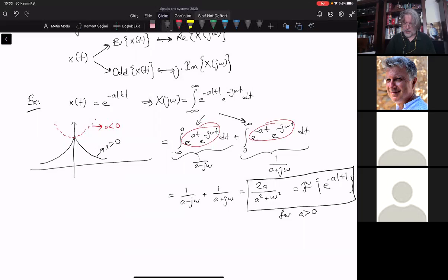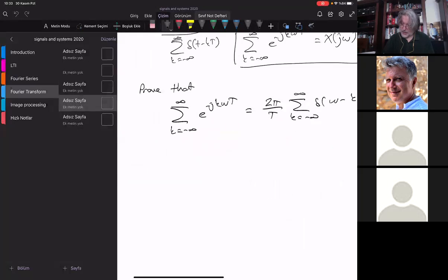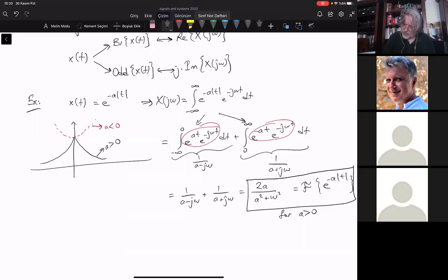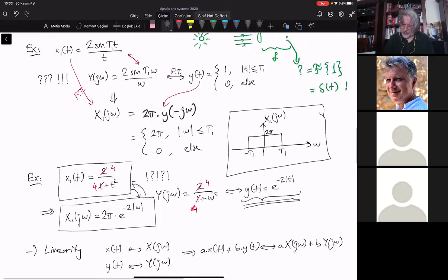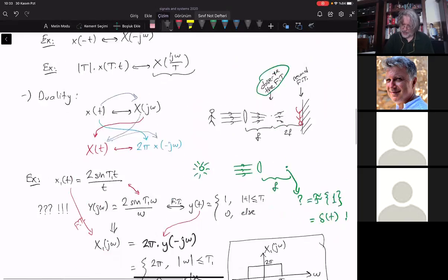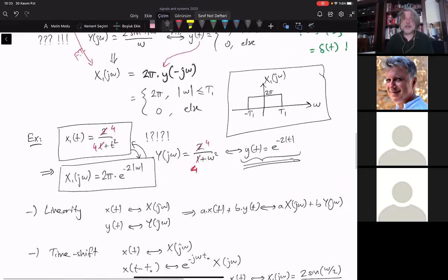So this is the formula, and that's what I used in the same page, sorry, up here a little bit. Yeah, here, in this example, where I'm looking for the Fourier transform.